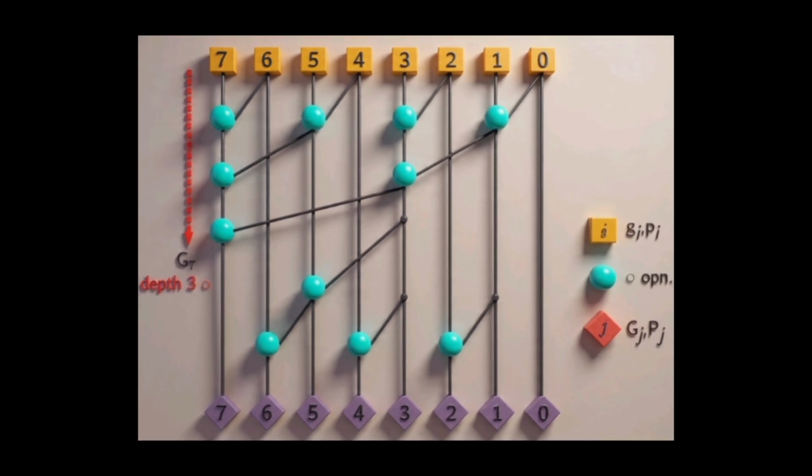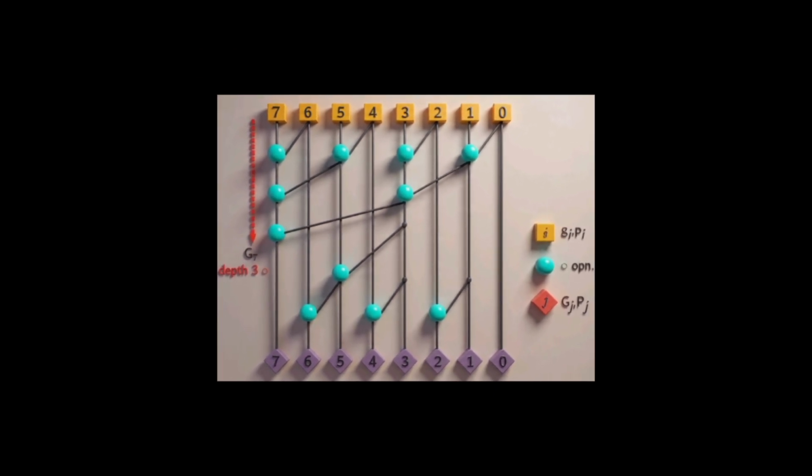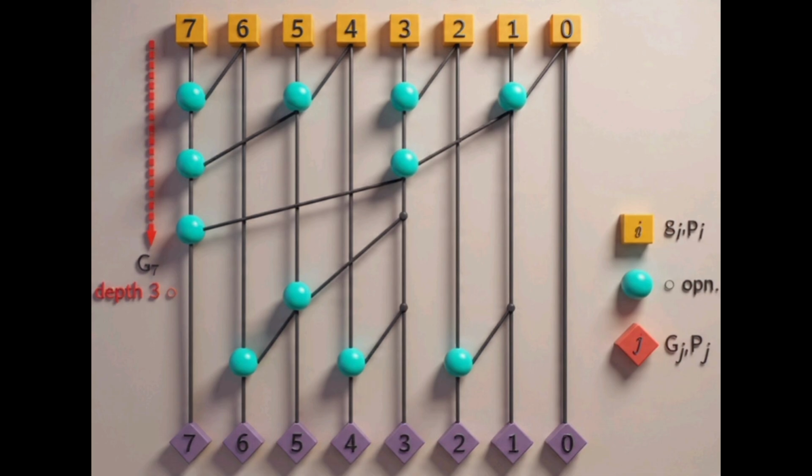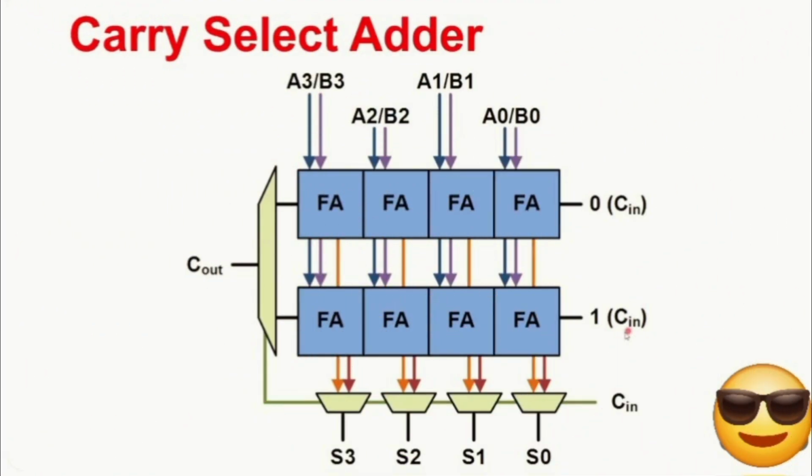In data paths where addition is on the critical timing path and where the area overhead of a full look ahead architecture is not justified by the performance requirement, the carry select adder remains a relevant and widely used design choice.